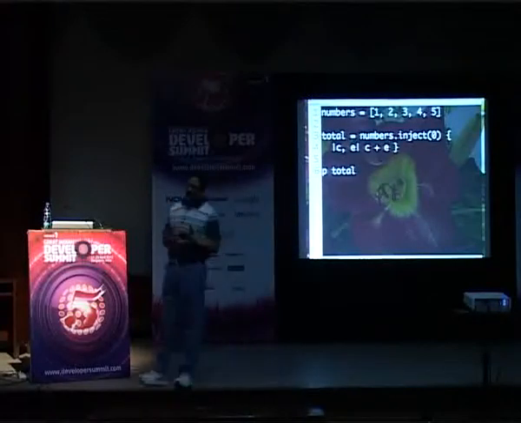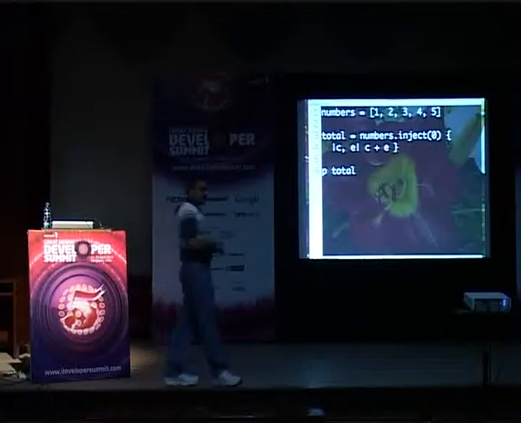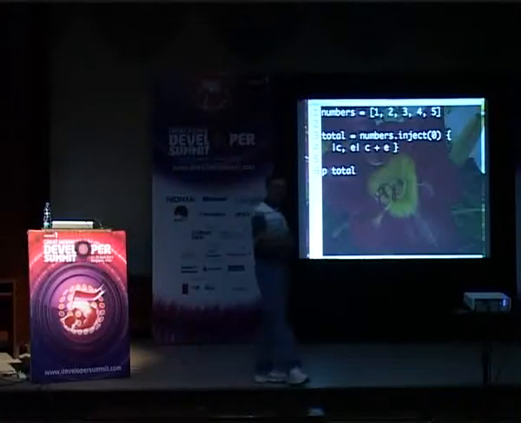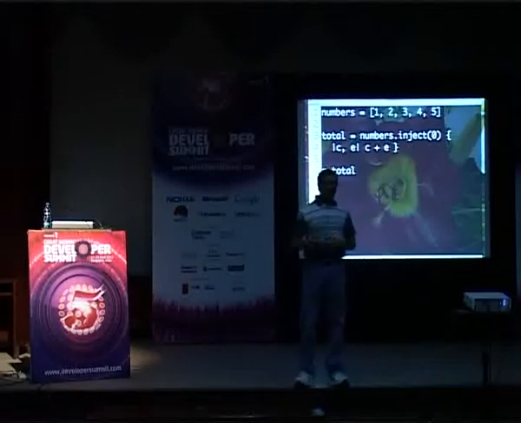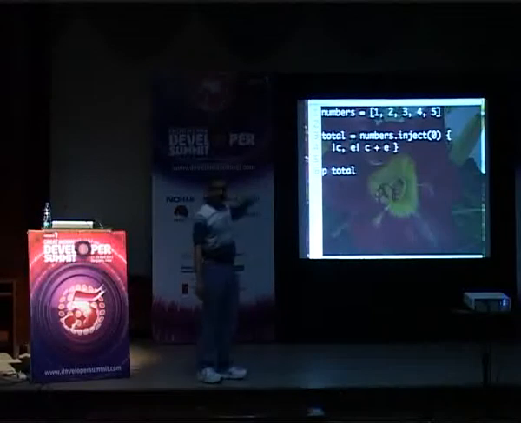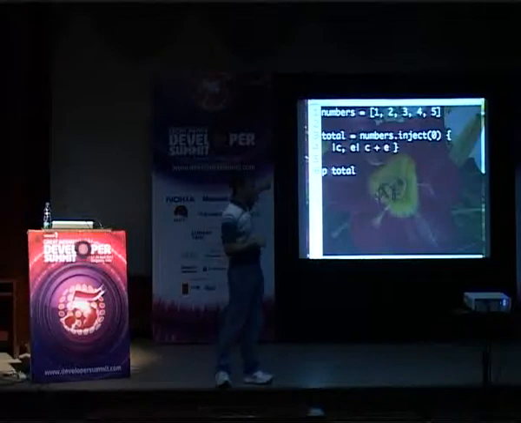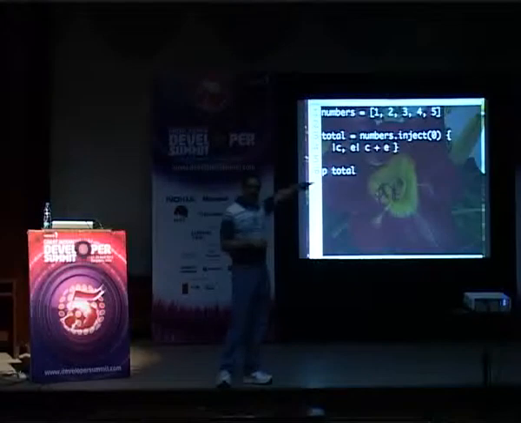The inject method is an internal iterator, just like each is. But the difference is, each is simply calling the function. Whatever the function is returning, it's kind of discarding it. It's not using it. On the other hand, what inject is doing is it says, I'm going to take an initial value of 0, bind the value 0 to C, and take the first element in the collection, bind it to E, give it to the function.